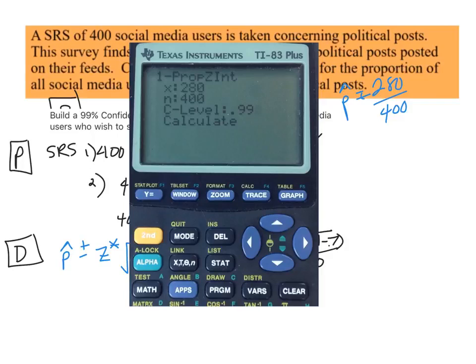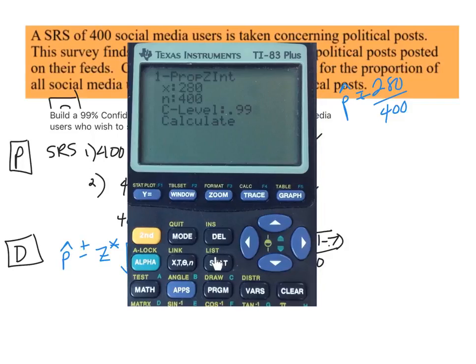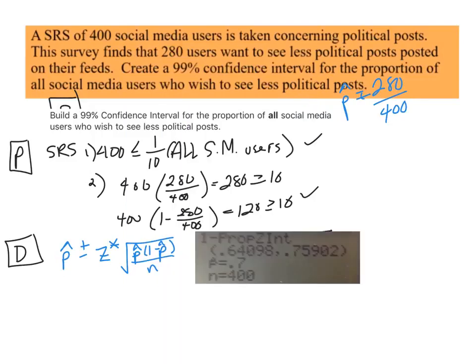So remember, you press the stat button and you go to tests and you find letter A, one proportion Z interval. We have 280 out of 400. We're doing the 99 confidence level, and then you'd hit calculate, and there is your interval. So again, know the formula, know where it comes from, know how to find it in the formula sheet, but most of the time you'll use the calculator.